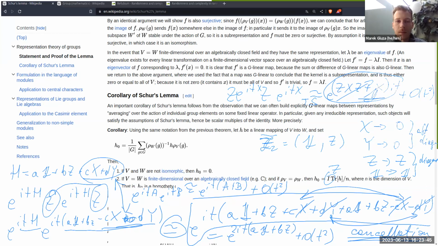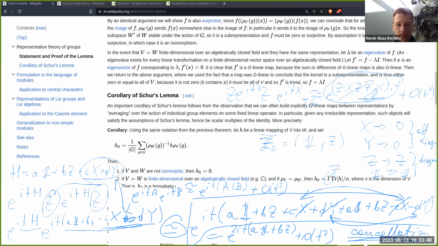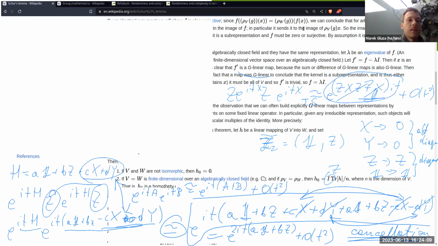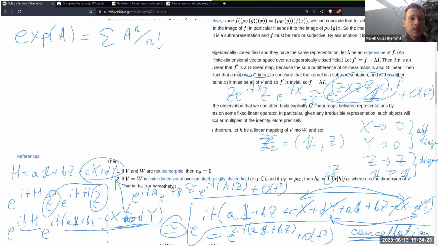Oops, there was a question in the chat. Why is U dagger U substituted into powers n times? Okay. So again, for exponentials, the exponential of an operator A is the sum of A to power n divided by n factorial.